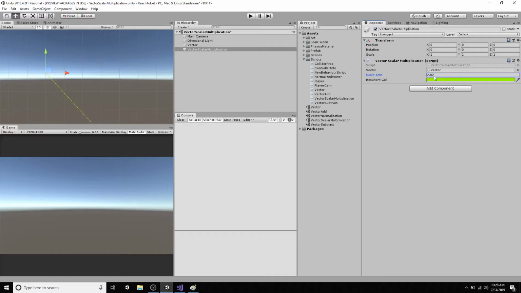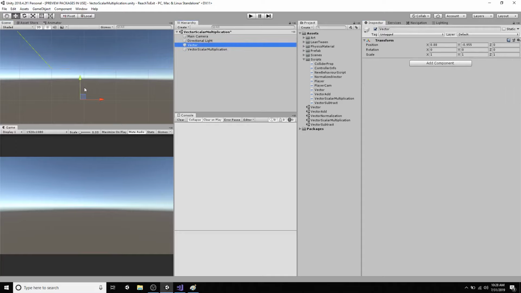Like that I can do 4, 5. If I reduce the scale, you can see the vector is reducing its scale, and if it goes negative, it points in the opposite direction. So see, it points in the opposite direction.